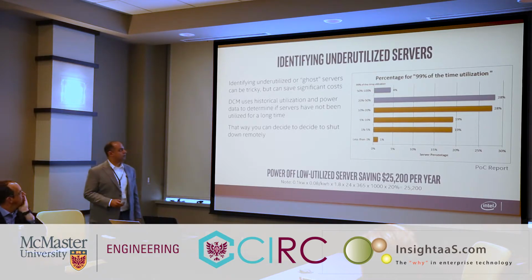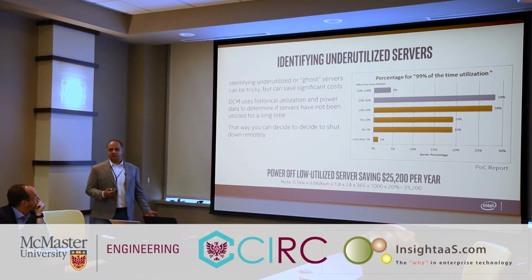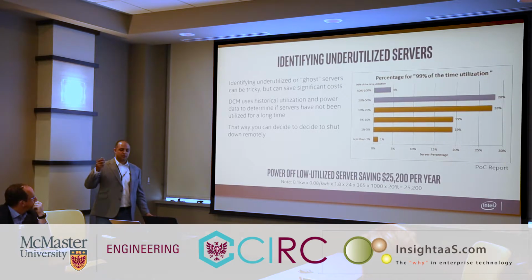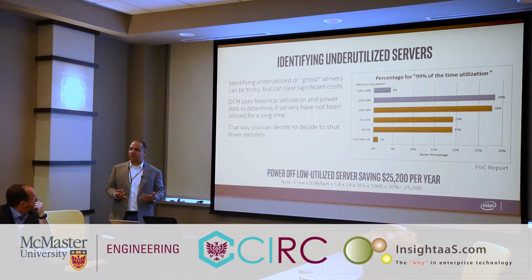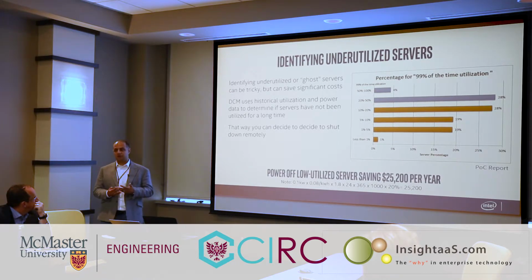Okay, so talking a little about identifying underutilized servers without really having to do anything. Remember the strength of DCM: even though it just collects four kinds of parameters, it's what it does with that data. A lot of analytics and reporting come into play here.